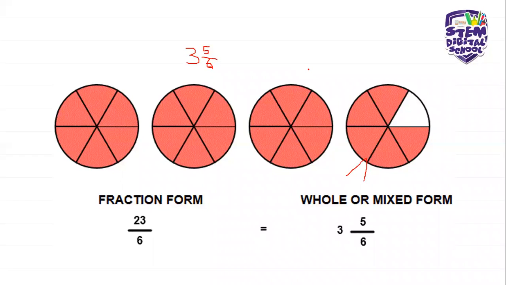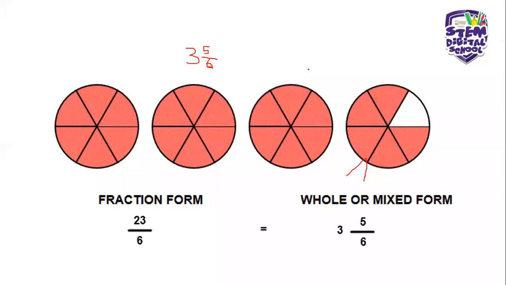Sir, how come when you're writing a whole or a mixed fraction, you have to write a 3 or whatever number, and then you have to write the fraction? Because remember, the fraction is not whole itself. Yes, Sam. 5/6 is just a proper fraction, the numerator smaller than the denominator.